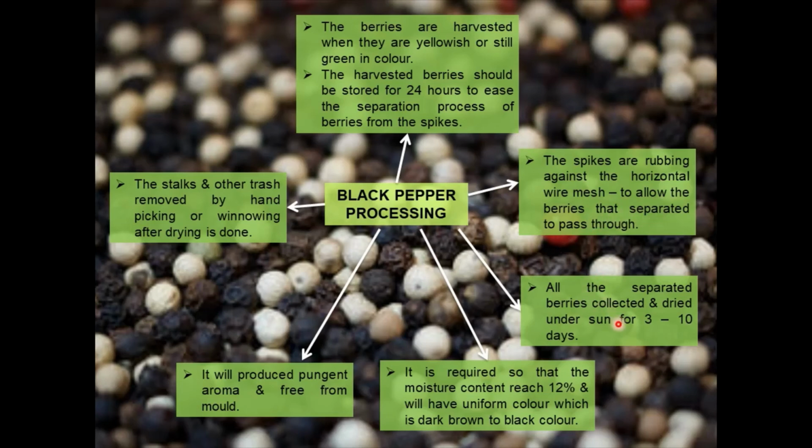All the separated berries are collected and dried under the sun for 3 to 10 days. This is required so that the moisture content reaches 12% and the berries have a uniform color, which is dark brown to black. It will produce a pungent aroma and be free from mold. The stalks and other trash are removed by hand picking or winnowing after drying is done.